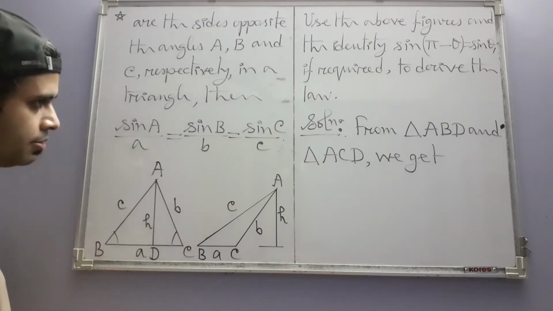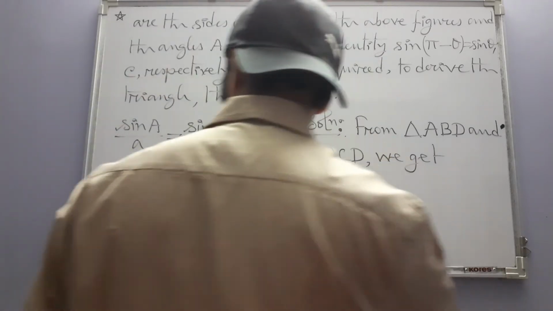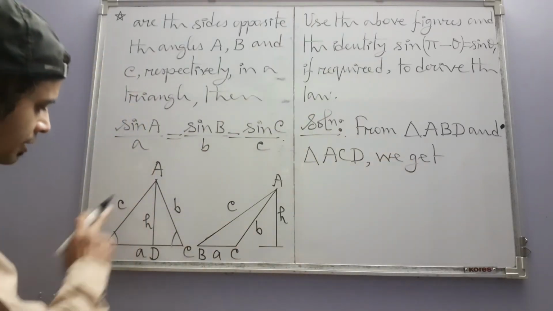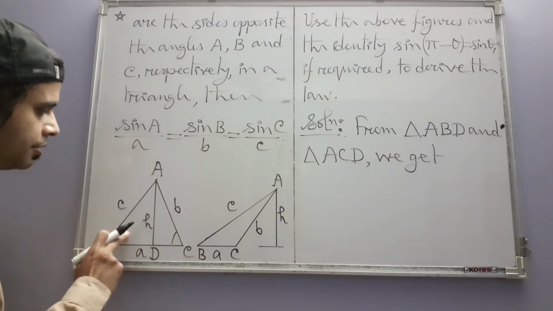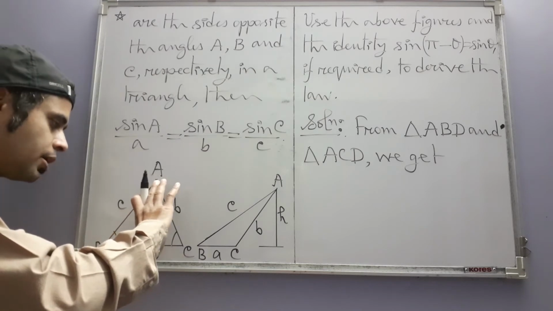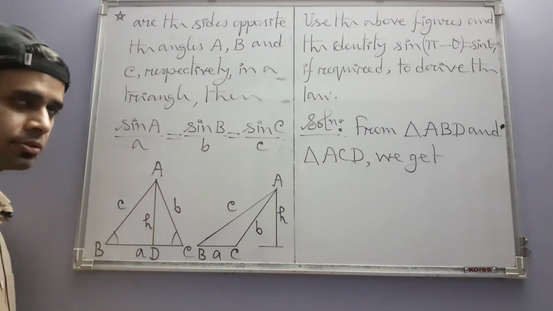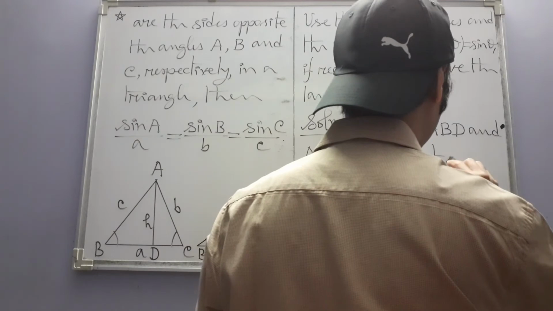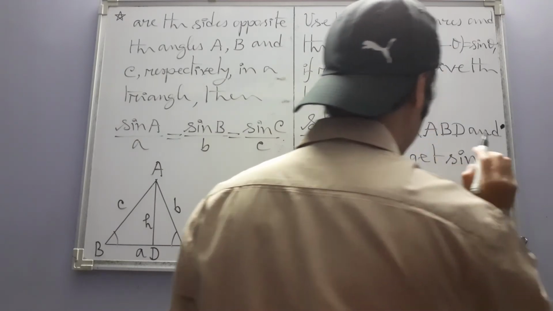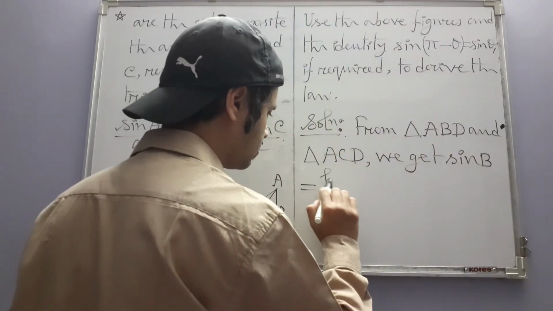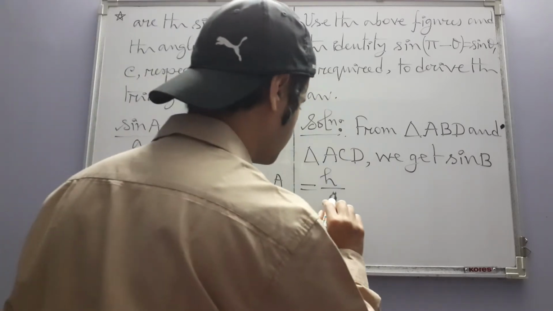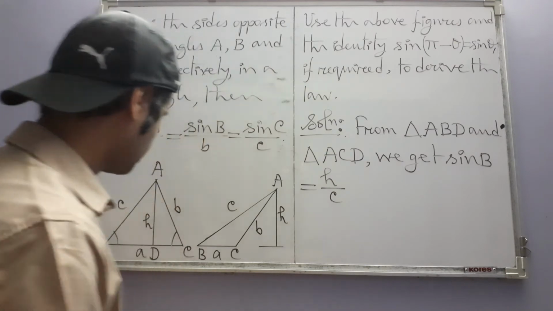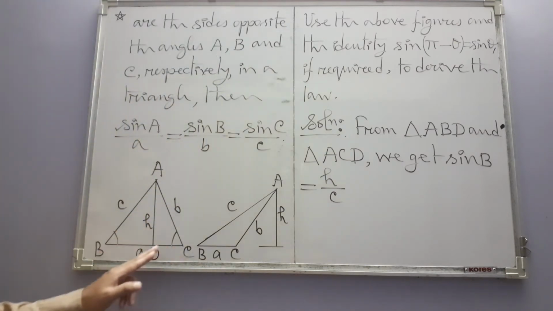So from this triangle we have written ABD first. So what will sine B be? Sine B is perpendicular divided by hypotenuse. So sine B is h divided by c. And from this one, similarly, sine C is going to be h divided by b.